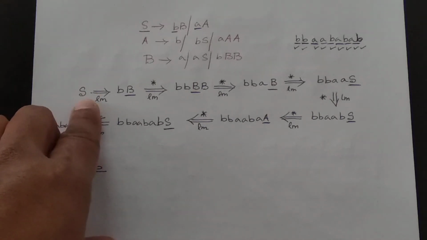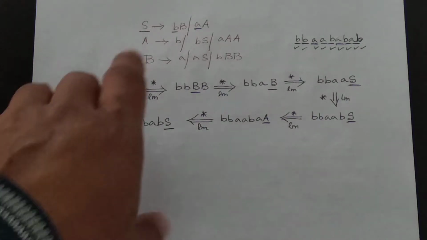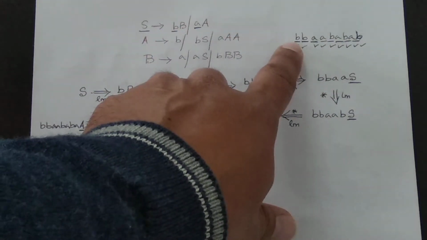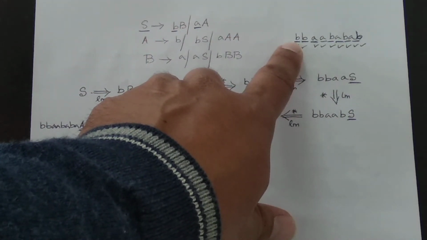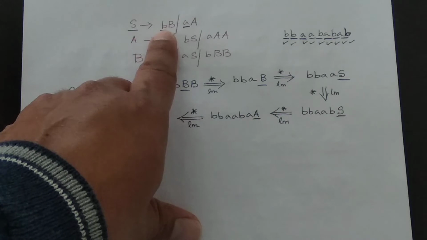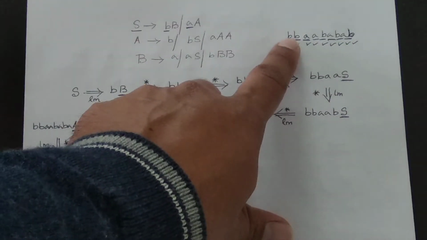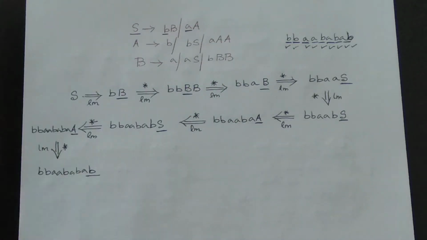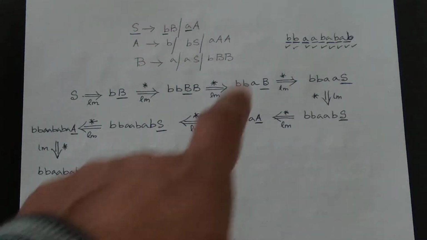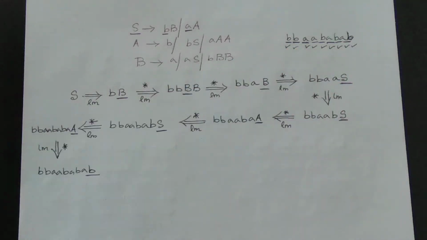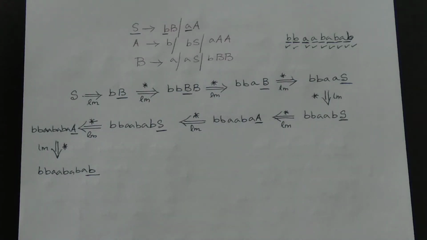From the starting symbol, you have to take the starting production and select the first initial string value. Suppose B is the initial value, definitely I have to take the production S tends to B, capital letter B. Correct? If A was there, then I have to take the production as A. Then you proceed one after another based on the sequence of your string, until you find the value.